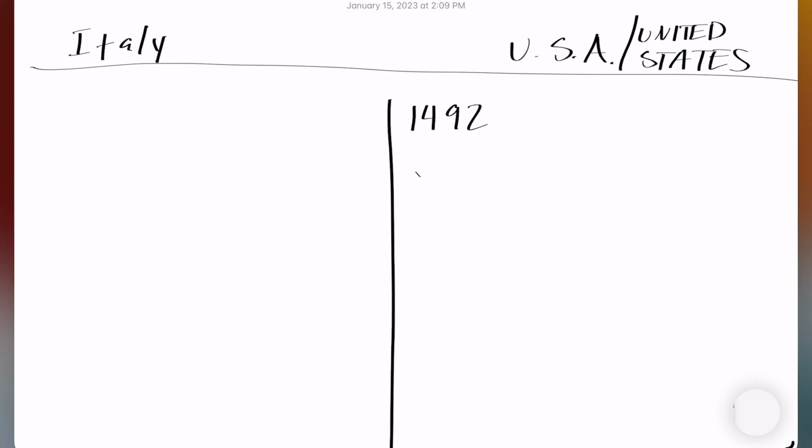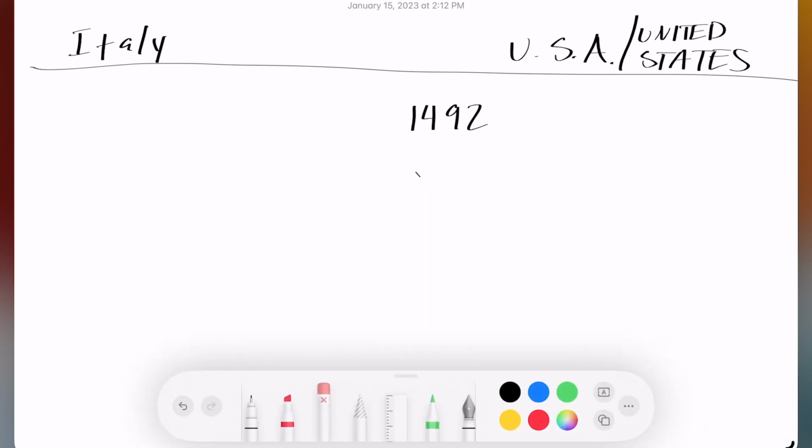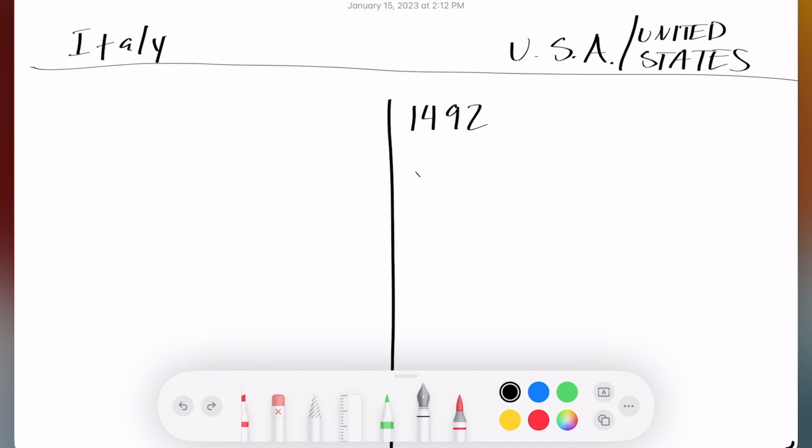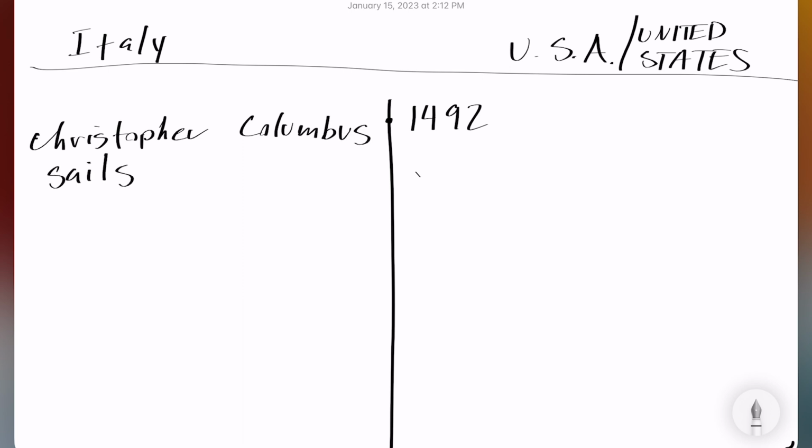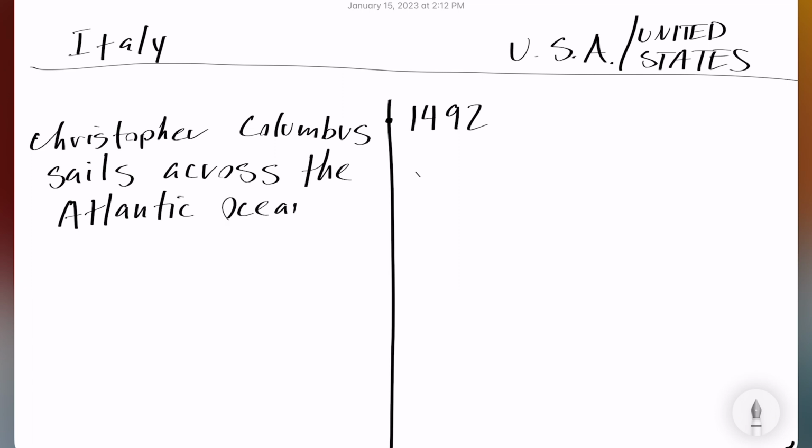So here we will write in 1492, here. In 1492, Christopher Columbus sails across the Atlantic Ocean on his first voyage.